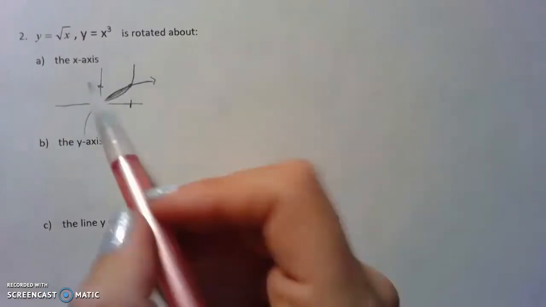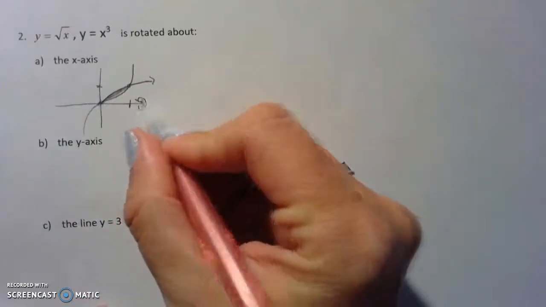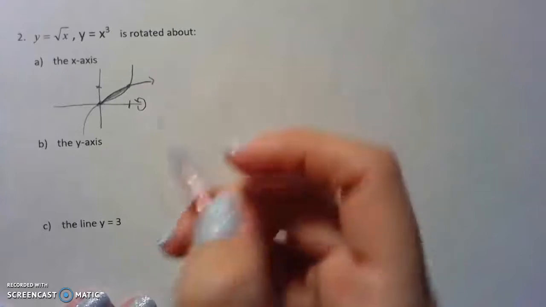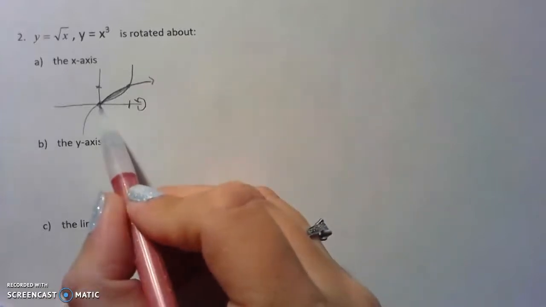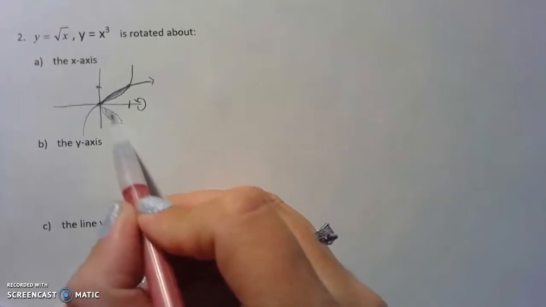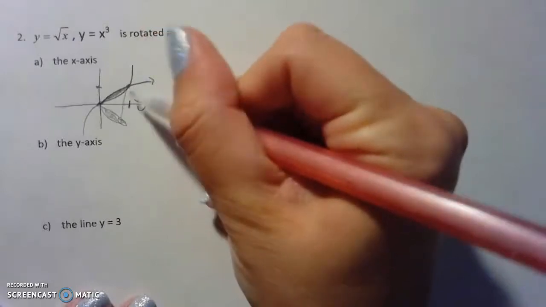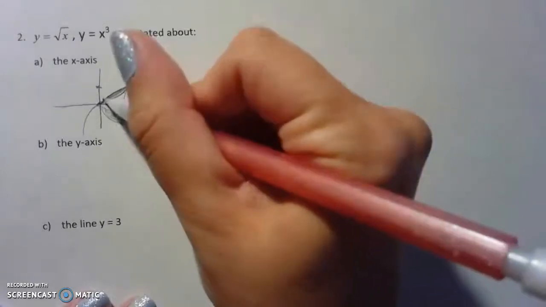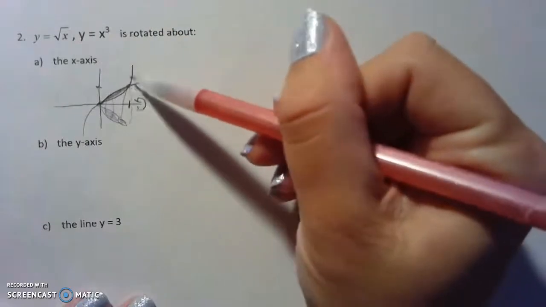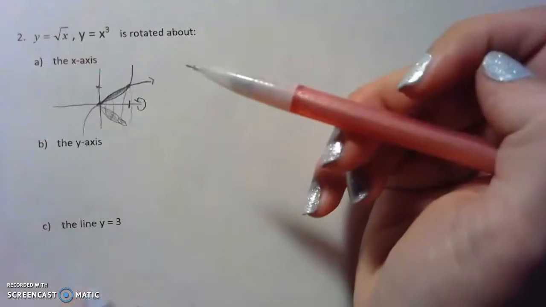Alright, so this one says we're going to rotate it about the x-axis, so that's this. So my visual people, that means we're going to have something that looks like, something like this. Okay, it's going to have a big open space in the middle, but it's going to be kind of curvy on the inside and curvy on the outside.